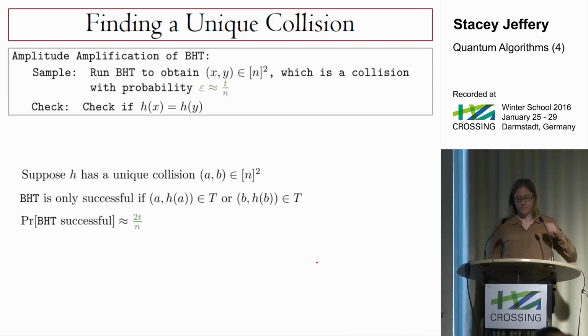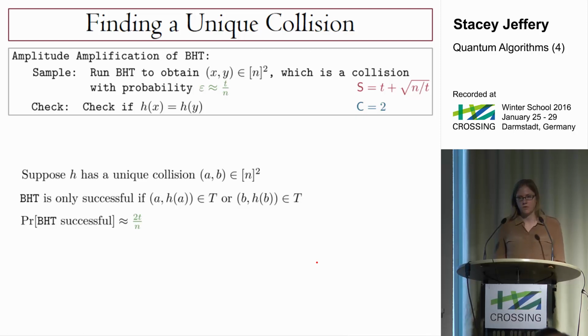Okay, and now we know how to analyze such an algorithm, since we've done amplitude amplification. For the sampling procedure, we just run Brizard-Hare tap, and we know that this has query complexity t plus the square root of n over t in terms of the number of times we compute the function h. And then, of course, the checking step requires at most 2 queries.